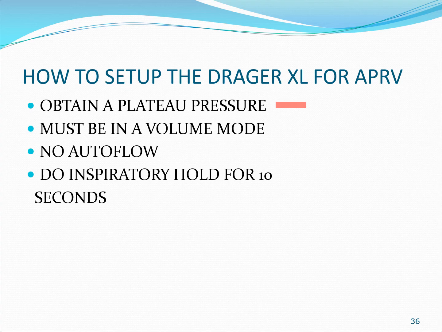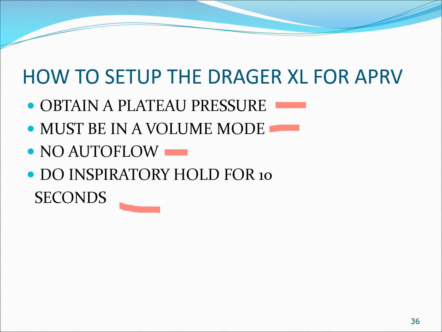We do this on the Draeger ventilator by putting the patient in volume mode. We have a feature called auto flow on the Draeger. I think it's called VC Plus on the Puritan Bennett. You don't want that on. Then you do an inspiratory hold for 10 seconds. That will give you your plateau pressure.